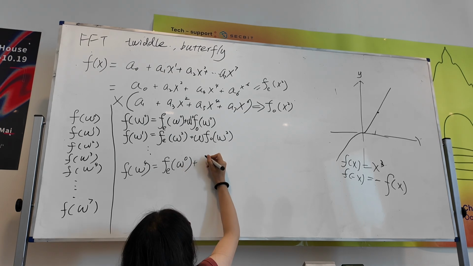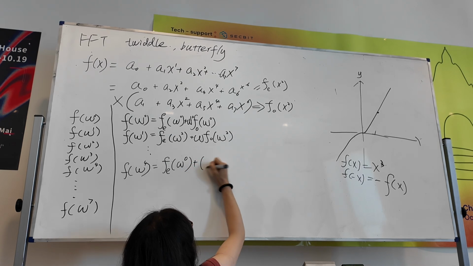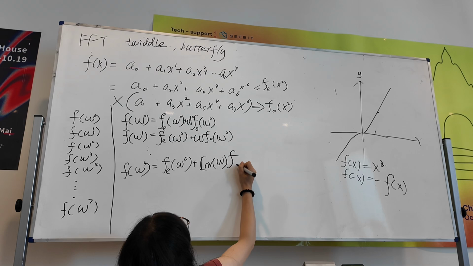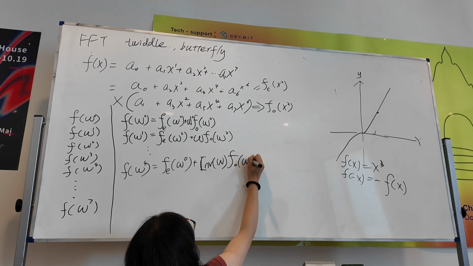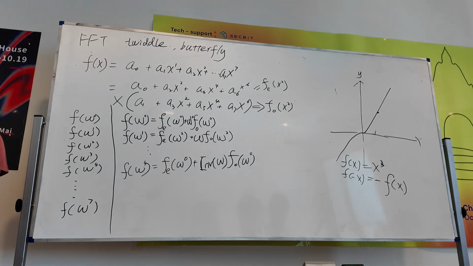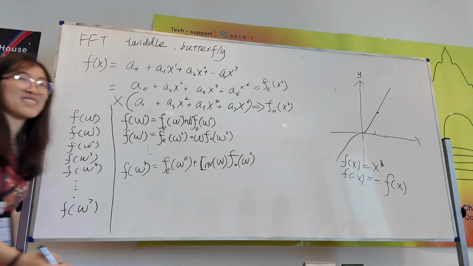And then here we need to add the inverse of omega times f odd of omega^0. That makes sense? My intuition is I really want to write minus omega here. Is that correct?